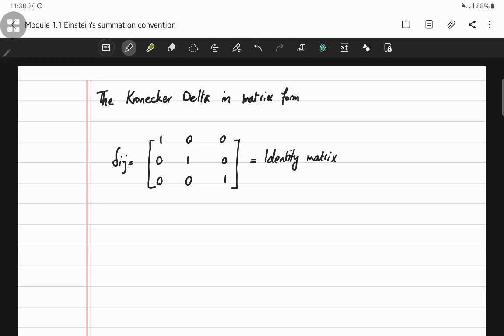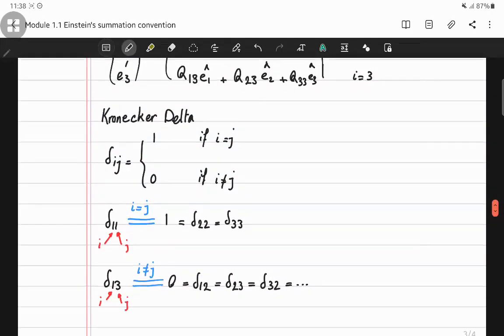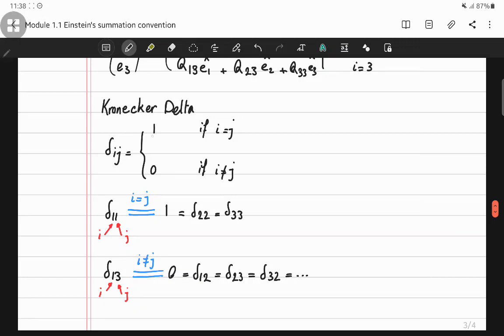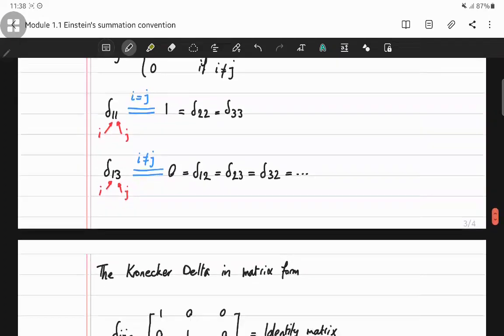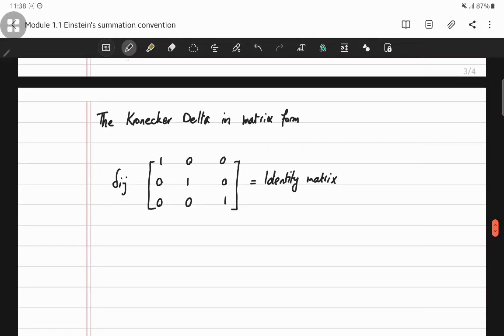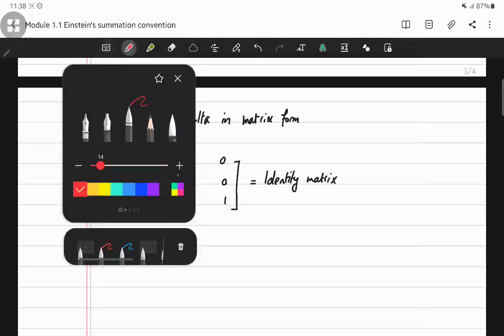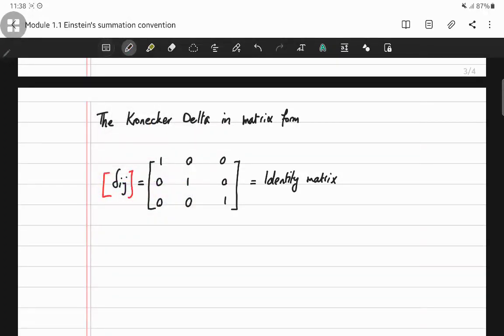And you have to take care of a very, very important point here. I write here delta ij is equal to a matrix. However, previously I wrote something like delta ij is equal to a value. So this is completely incorrect. So I write this as this. You never forget that delta ij, or the Kronecker delta, only refers to a value, whether it is 0 or 1.